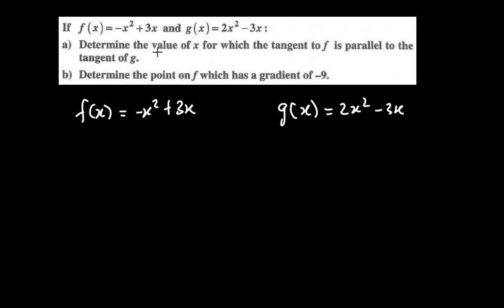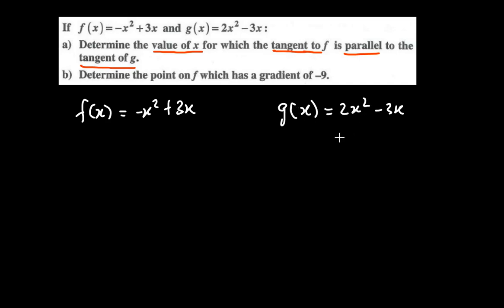Now they say determine the value of x for which the tangent to f is parallel to the tangent of g. The tangent of f should be parallel to the tangent of g.